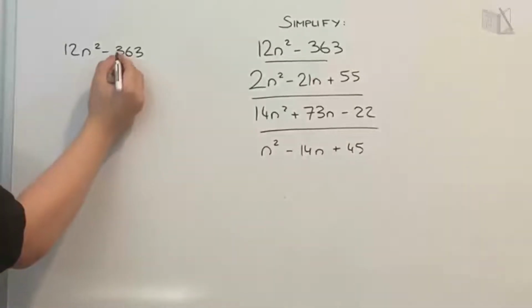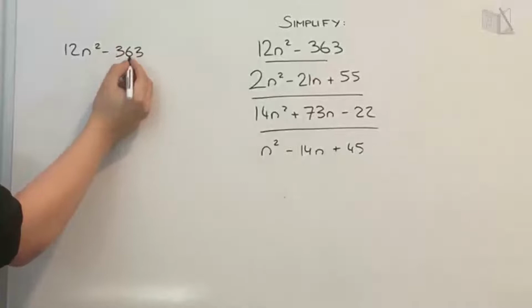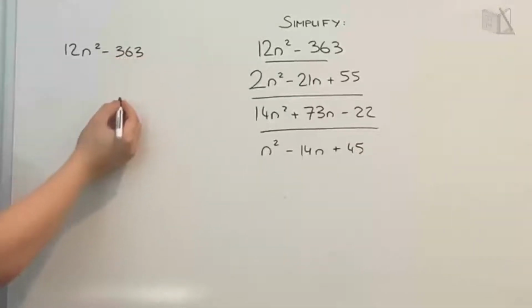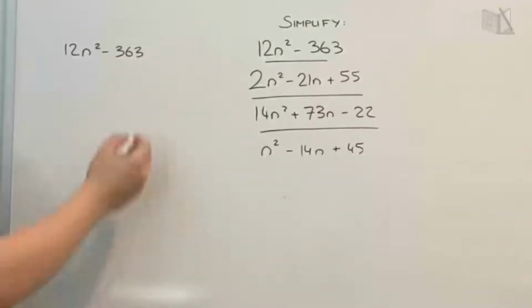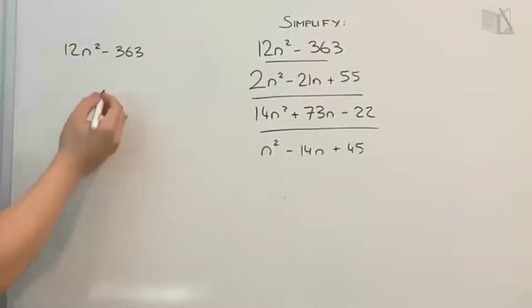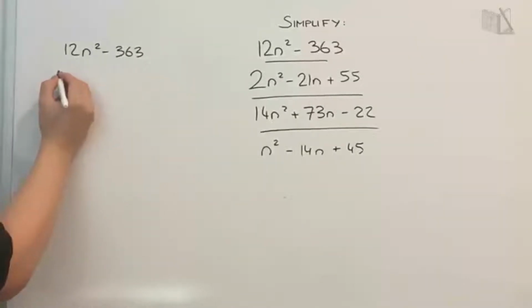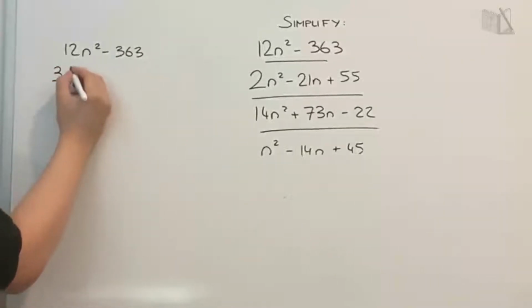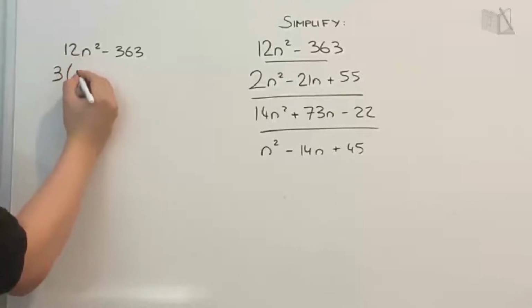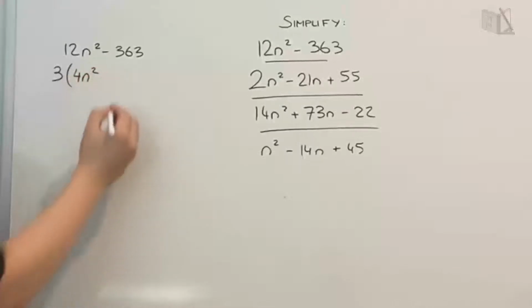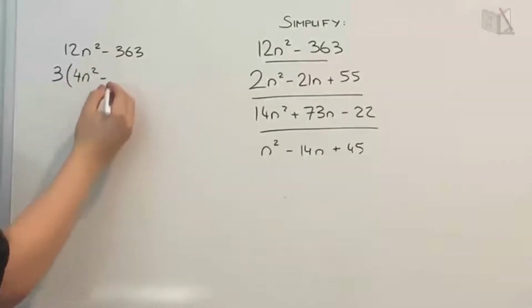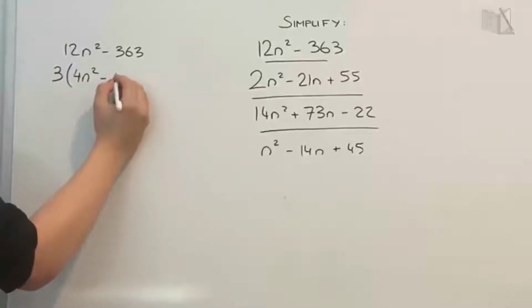For example, 363: 3 plus 6 is 9, 9 plus 3 is 12, and 12 is divisible by 3, therefore 363 is also divisible by 3. So I take the factor of 3 out, and in this bracket I'm left with 12 over 3 is 4, n squared, minus 363 over 3 is 121.